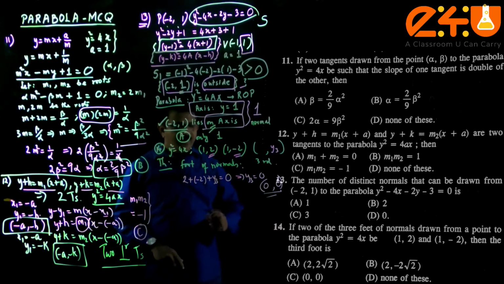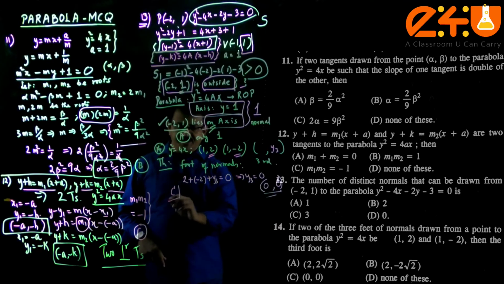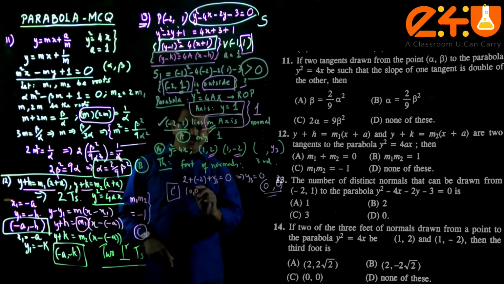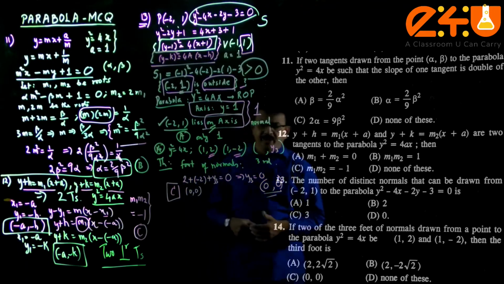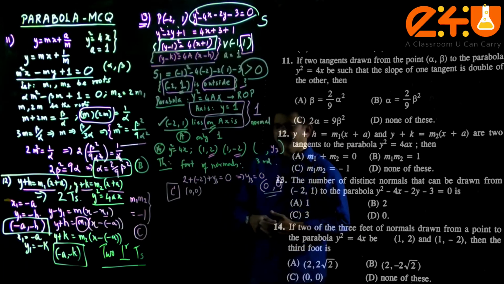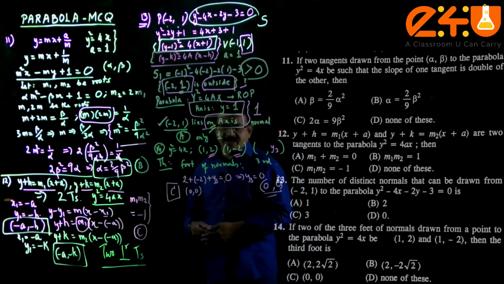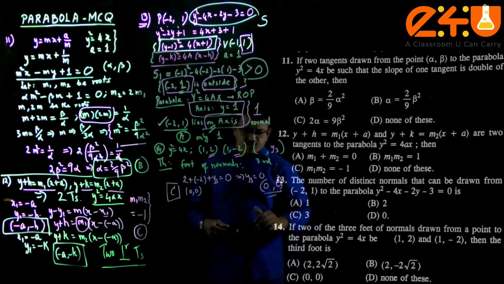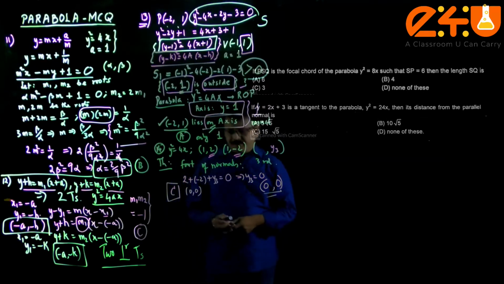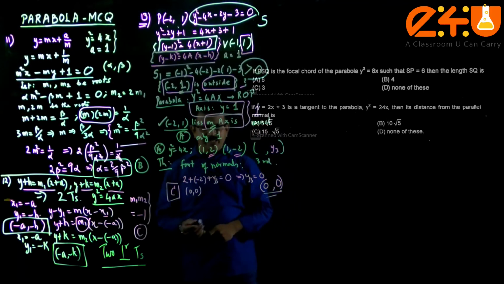So very simple, the option is C, which gives the answer 0 comma 0, that is the third foot of the normal. Okay, so that's all my dears. So I hope you all understand very well. Let's move on to the next question in our bank to be discussed today.